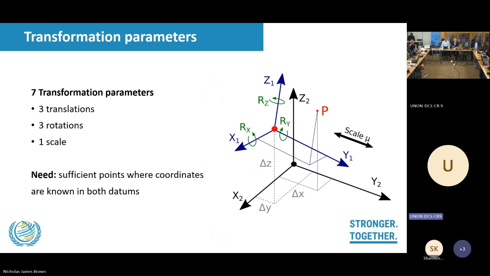To transform between two different reference frames, you need to know a bit about each of the reference frames. And so you can see this is a three-axes diagram where the dot in the middle of each of those diagrams is actually the center of the Earth. And then we have a Z coming out the top and an X and Y out the sides.